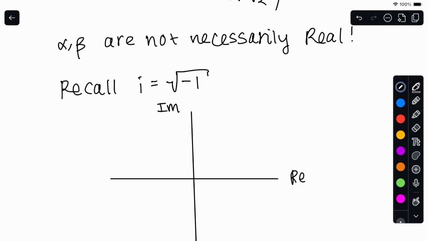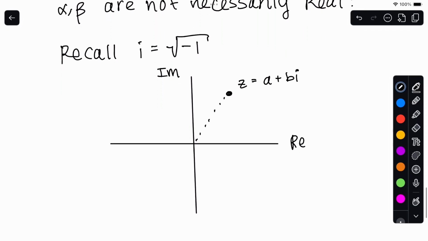So for any arbitrary point, we have our complex number z, which can be expressed as a sum of a real component and i times the imaginary component. Then this length here will be a, and this length here will be b.